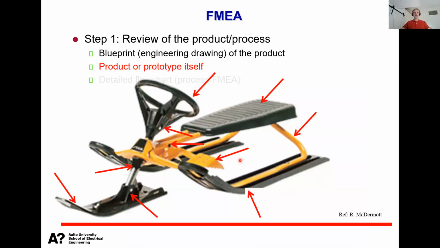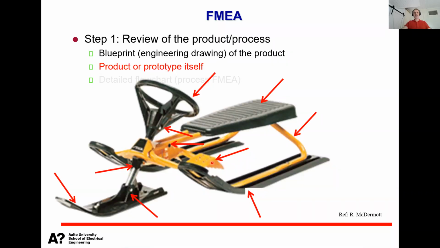So this is a classical Finnish downhill sledge. So you could think that, okay, how could this product fail? You can again start with different parts, like again the steering, this bolt which connects the steering wheel to the front sledge. So this could, for example, be a very critical part from the safety point of view, because if you again lose the steering, then you are in problems.